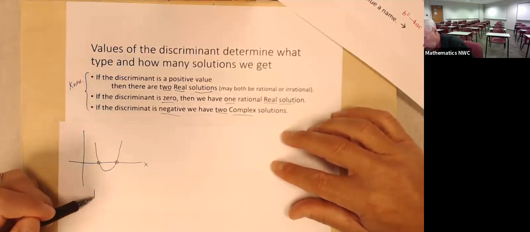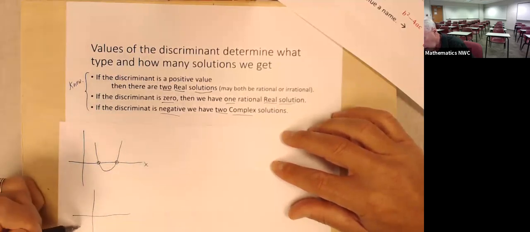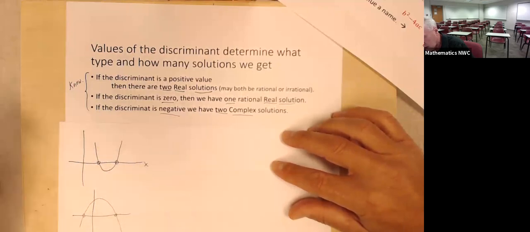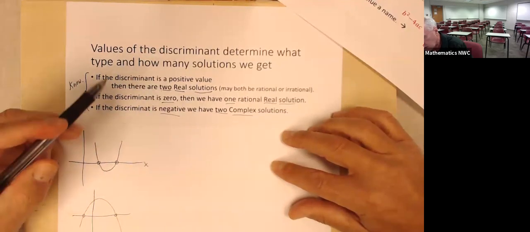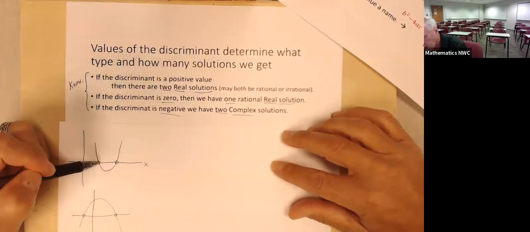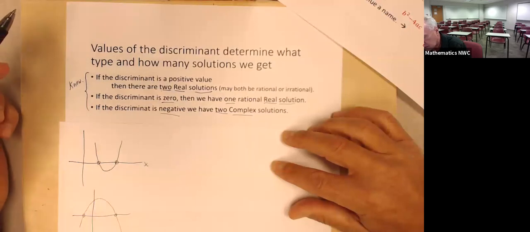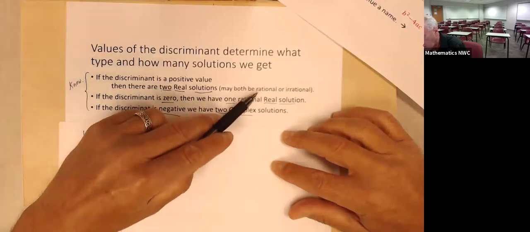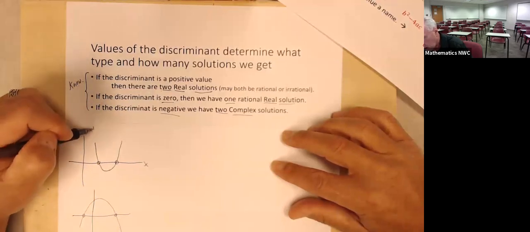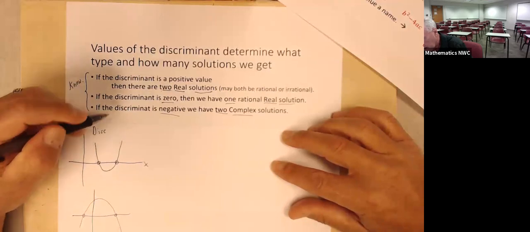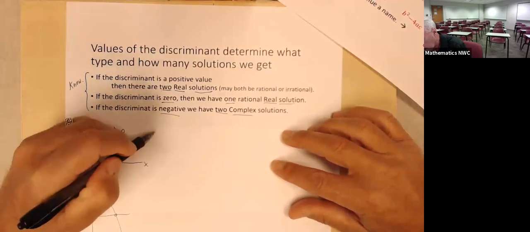The parabola might have opened down but it crossed in two places. That's why I had two solutions. Each place where they crossed was a solution. They might have been rational or irrational, depends on the problem. But this is where the discriminant was greater than 0.